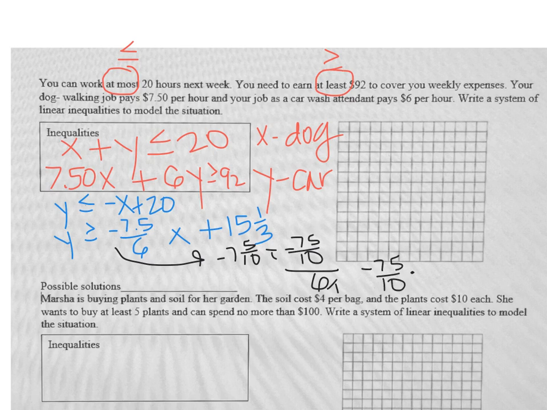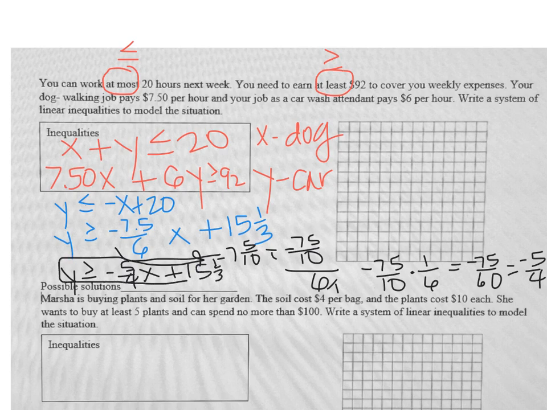I'm going to multiply by the reciprocal of 6. So I get negative 75 over 60. Well, both of these are divisible by 15. So that reduces to negative 5/4. Okay, so I'm going to rewrite this as Y is greater than or equal to negative 5/4 x plus 15 and 1/3.